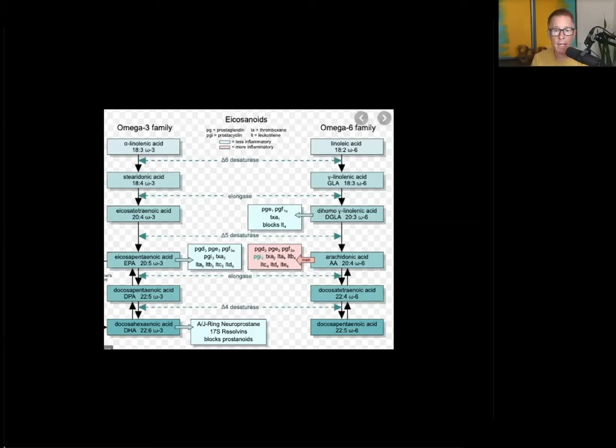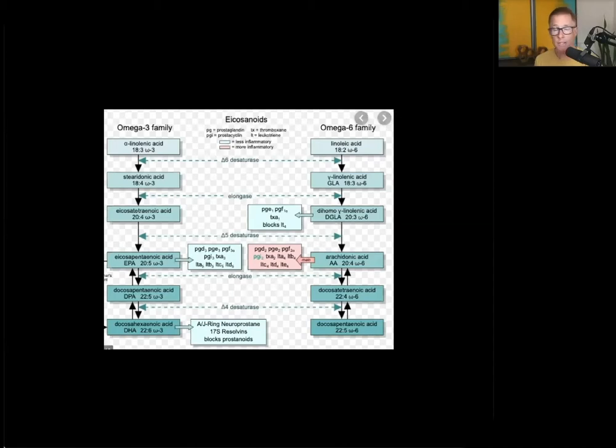Now, there are those that have it, but have a hard time converting it. They may not make enough EPA or DHA from that. And in those cases, we think about the activity of the enzymes, the delta 5 and delta 4 desaturase especially. And kind of an odd paradox, but those that consume the most fat have the most demands upon their desaturase enzymes.